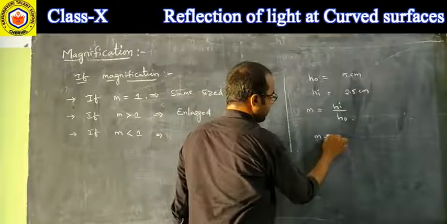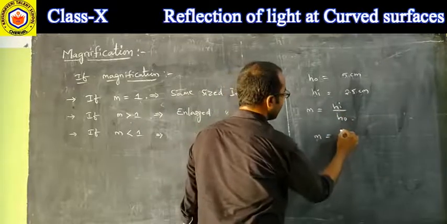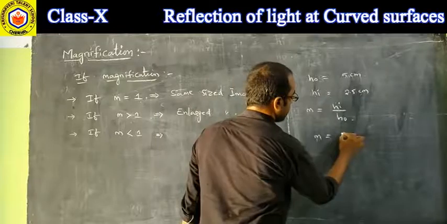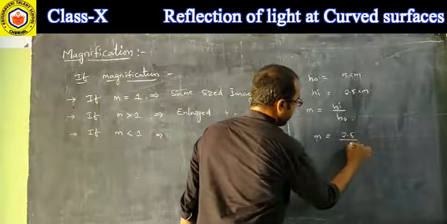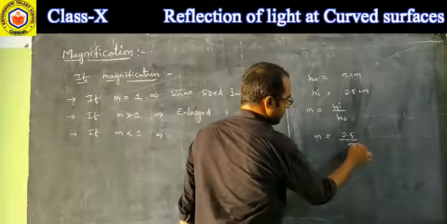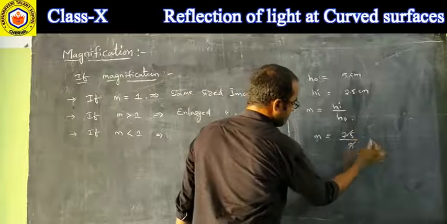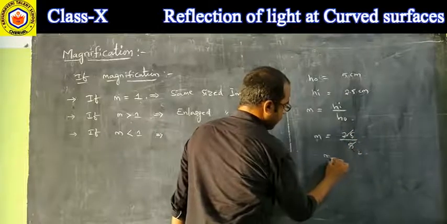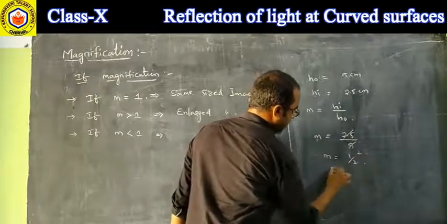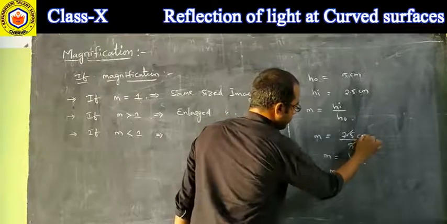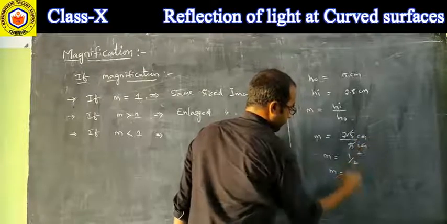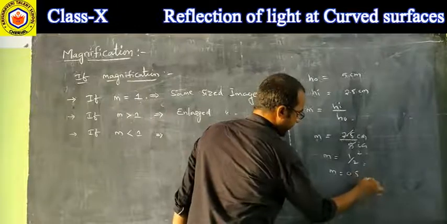We get magnification M equals 2.5 by 5, that is M equals 1 by 2, which is nothing but M equals 0.5.